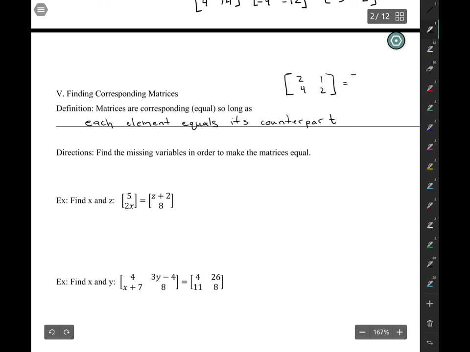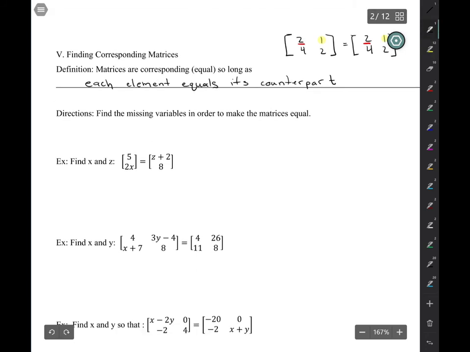Okay, that's going to be equal to, well, 2, 1, 4, 2. Each element equals its counterpart. Top left, top right, and so forth. To find missing variables, to make the matrices equal, it's just a mix of solving.